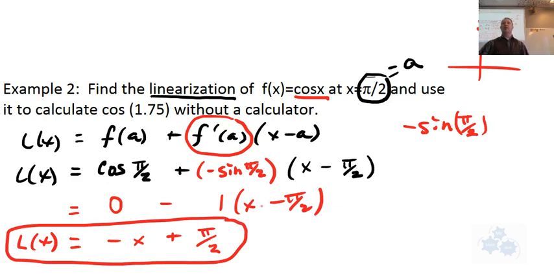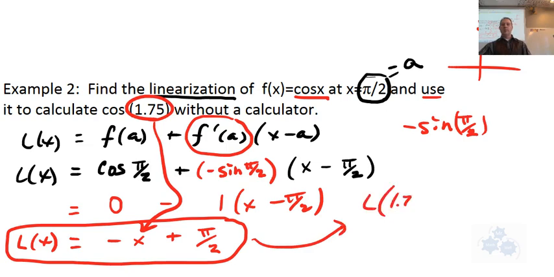So that's how you could use the tangent line to approximate a value that's very close to pi over 2. Okay? Now, the second part of the question, this is really part B, it says use this to calculate cos of 1.75. So now 1.75 is our x. So let's see if that actually works.